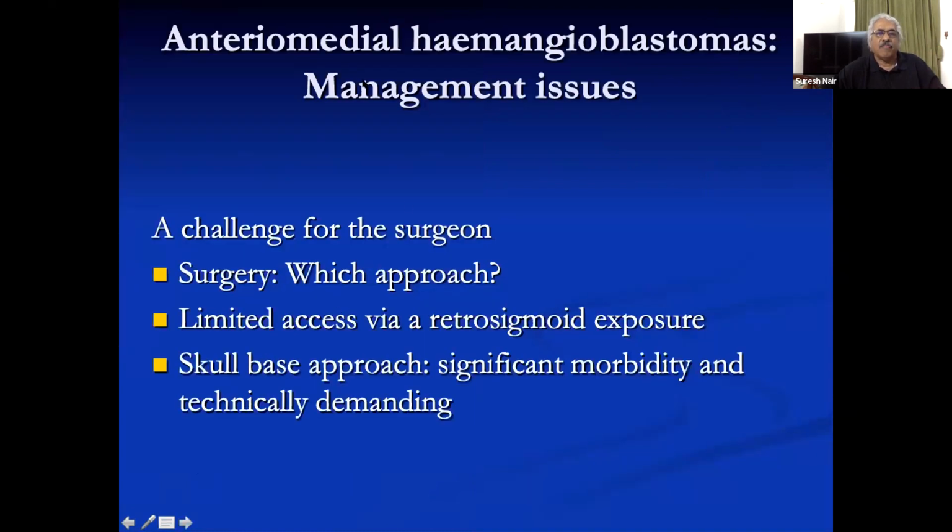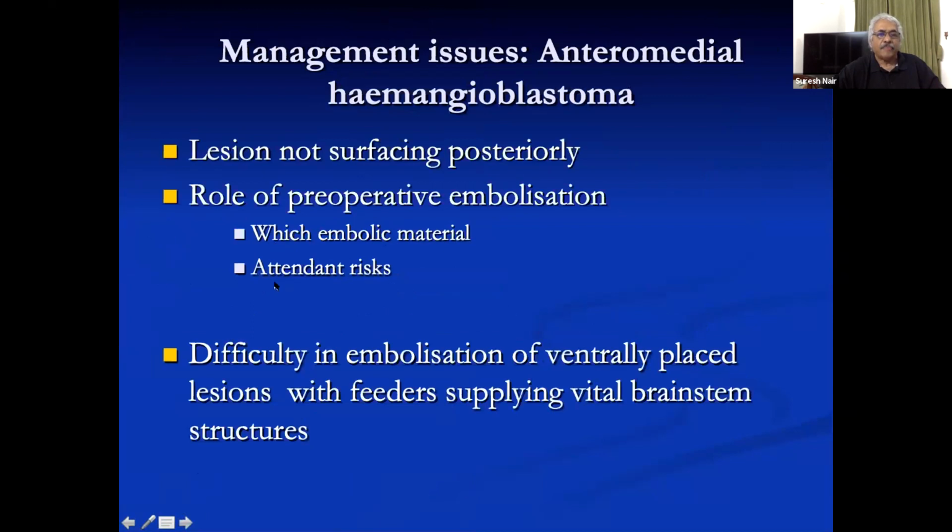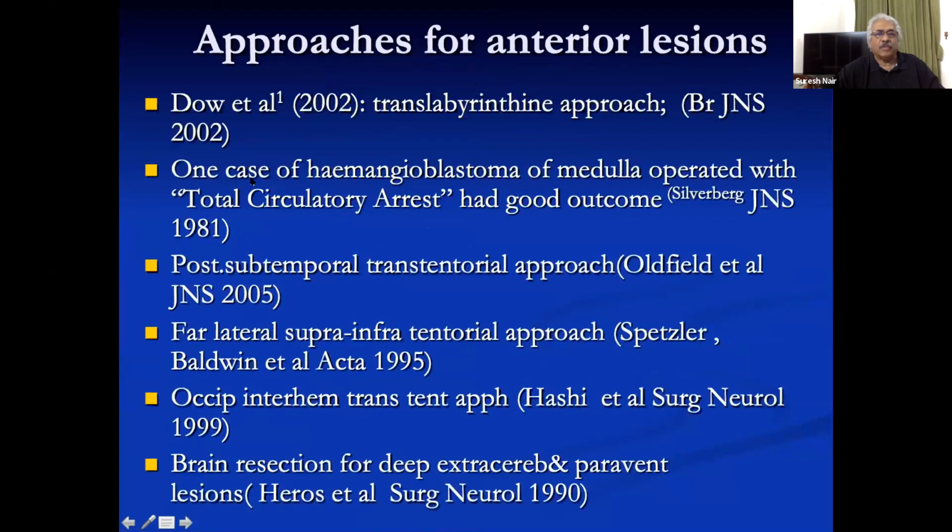So, if you have an anterior medial or a CP angle lesion, whatever you call it, what is the approach? These lesions don't surface posteriorly, and embolic materials, correctly, Ajit has told. So these are the approaches: translabyrinthine approach, total circulatory arrest, subtemporal transtentorial, far lateral supra-infratentorial.